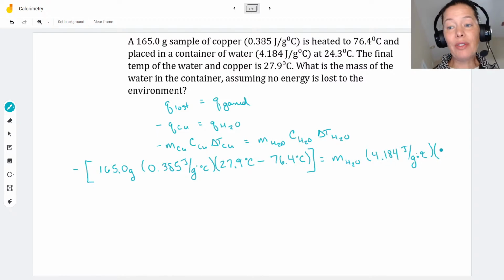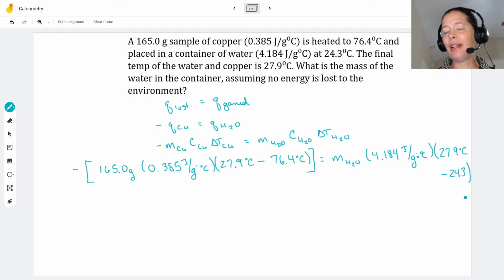Okay, so again, my final temperature is still 27.9 degrees Celsius. And again, I want to pull my initial temperature of the water, and that was 24.3. Okay, I'm going to squeeze that in. I did not write my units there.